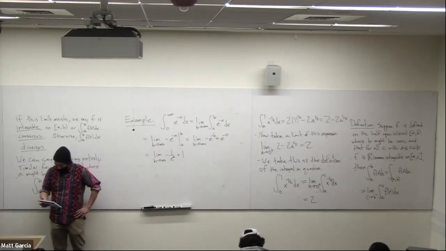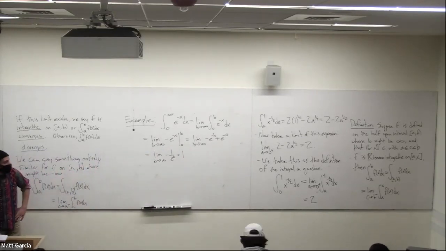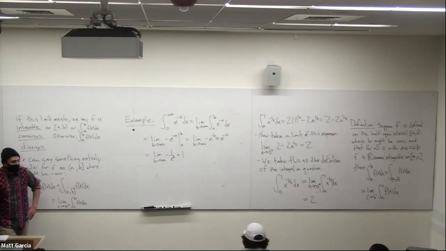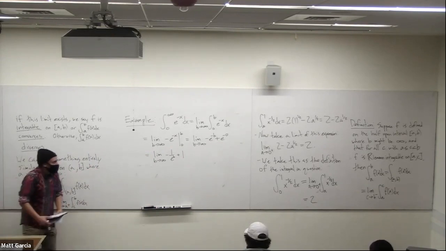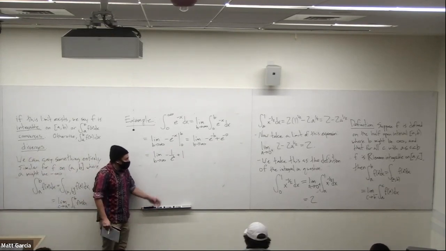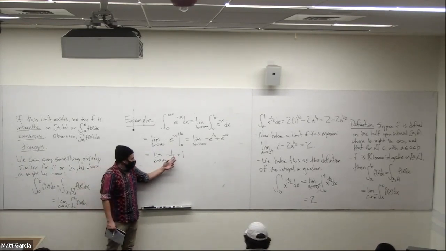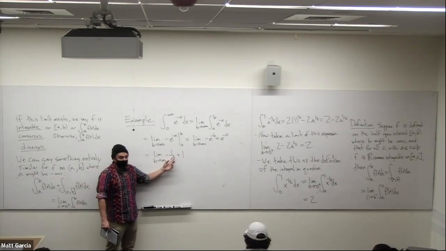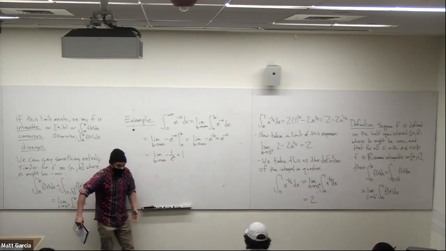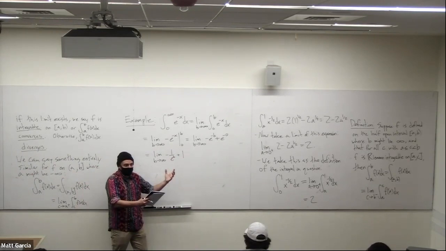So how do we evaluate this limit? It should be 1. Yeah, it's just 1, right? Because this requires us to remember our study of limits from calculus 1. As b gets larger and larger, e to the b grows much faster than b, right?